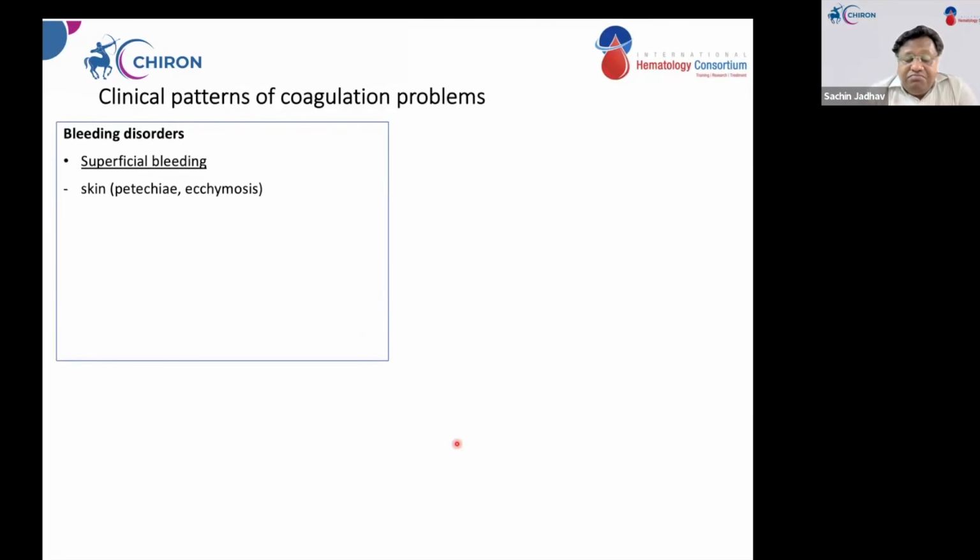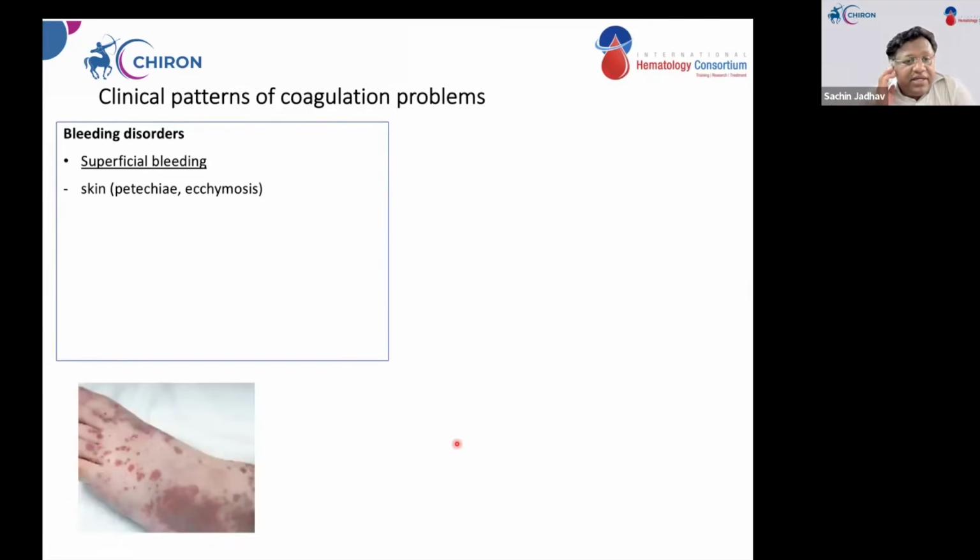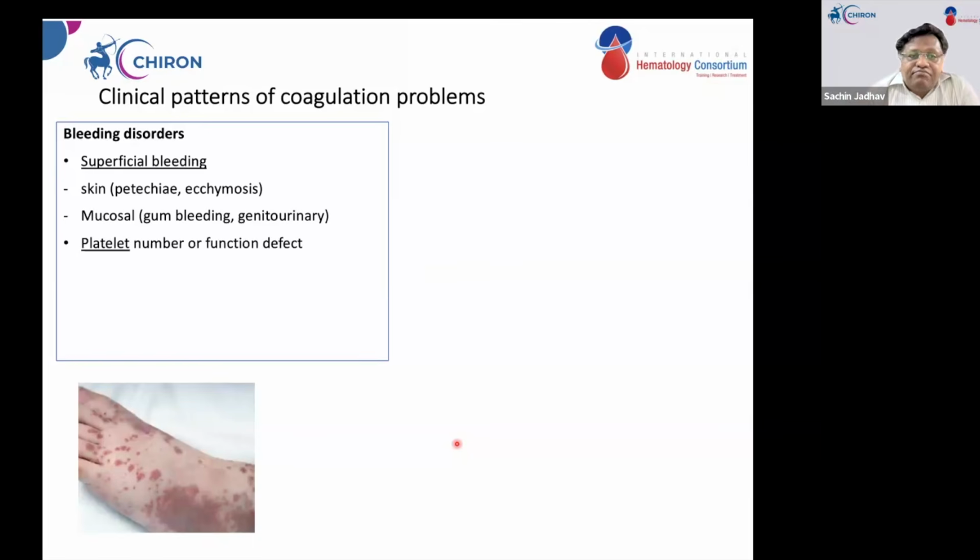So this will lead to, from tiny petechiae, purpurae, to ecchymosis, bruises on the skin, in the mucosa. It can lead to gum bleeding, genitourinary bleeding, so hematuria, or menorrhagia, melena, hematemesis, so any kind of mucosal bleeding. And this is generally due to a problem in the number of platelets or the functioning of the platelets.